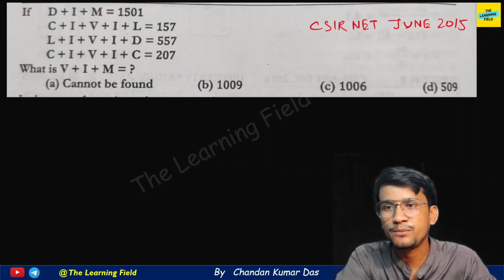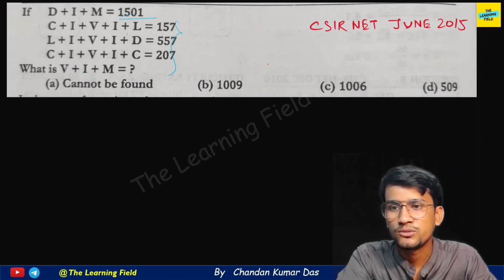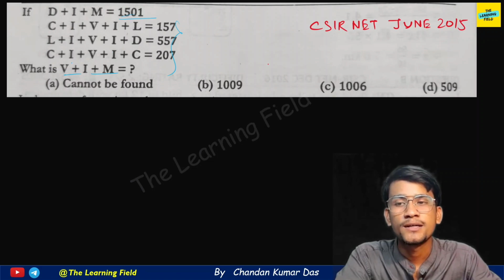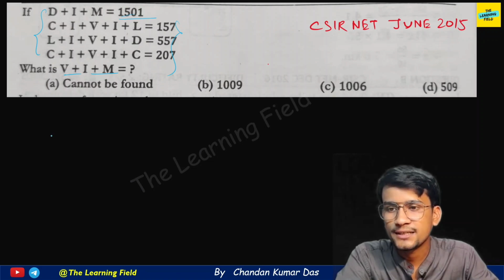It says that if D plus I plus M is equal to 1501 and it satisfies these conditions, then what should be the value of V plus I plus M? Now you should note that this is Roman notation.